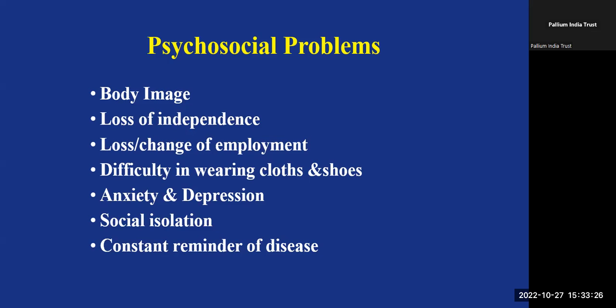So what you can do is, if you do a proper assessment, definitely you will get an idea. Is there any social isolation or any other emotional or spiritual issues? Then try to help them.